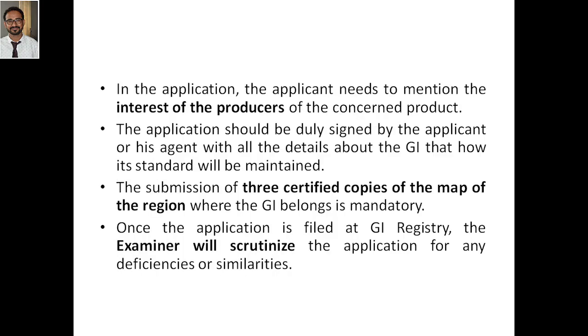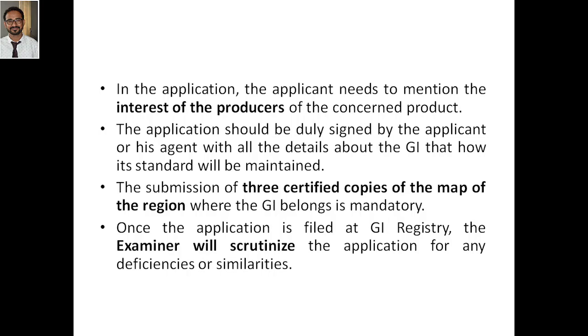So in the application, what happens? The applicant needs to mention the interest of the producers of the concerned product, what exactly the interest of the producers is. Now imagine you are the applicant. Definitely you will produce that design, or imagine you will have a company and then produce.